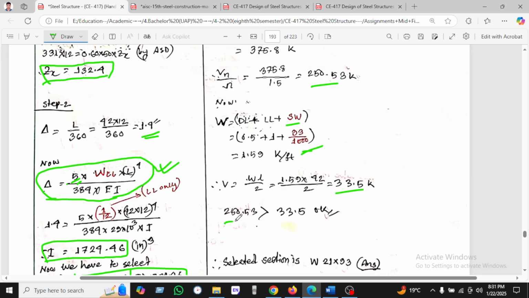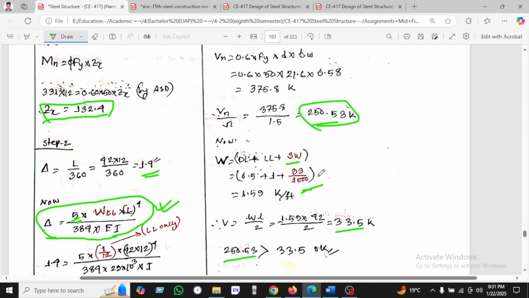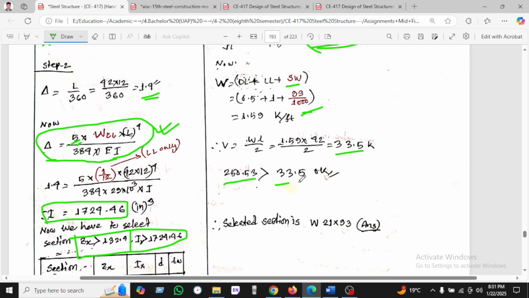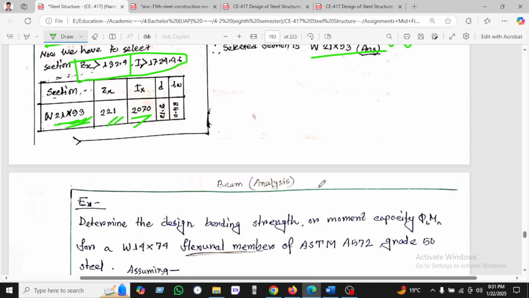So 205 is found here. 205 is the section capacity, and the applied shear is 335, which is less than the capacity, so the section is okay. So the section design is done.